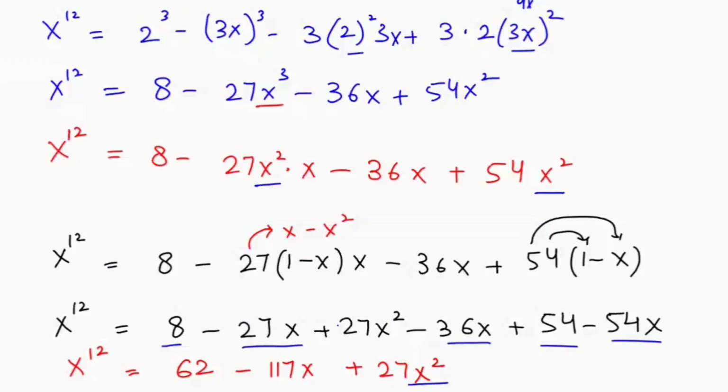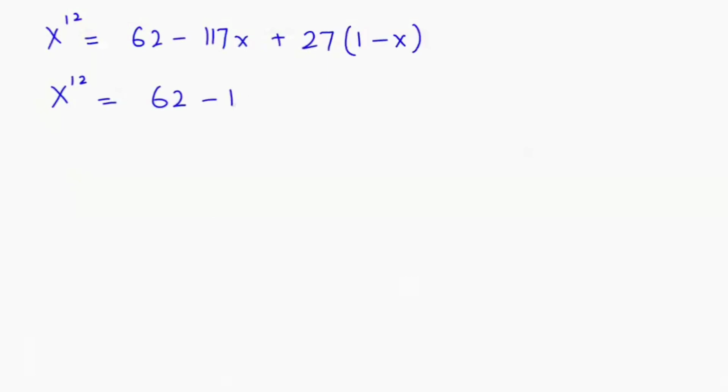So this equation turns to x to the power of 12 is equal to 62 minus 117x plus 27, and the x squared value we have is 1 minus x. This I'm going to solve further. Here we'll get 62 minus 117x plus 27, and minus minus, here we'll get 27x.